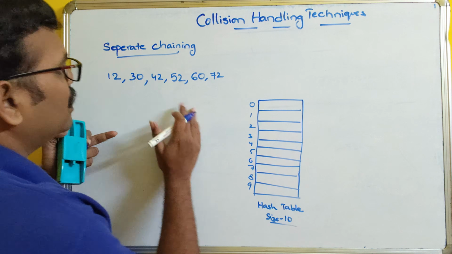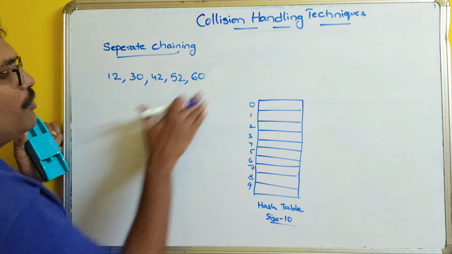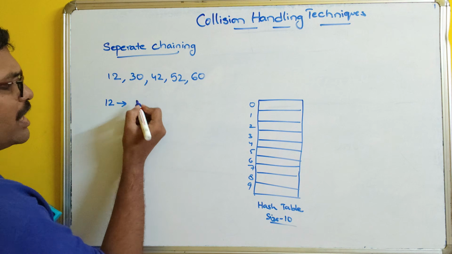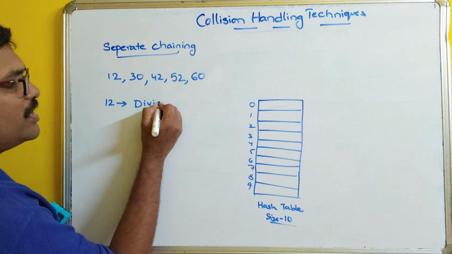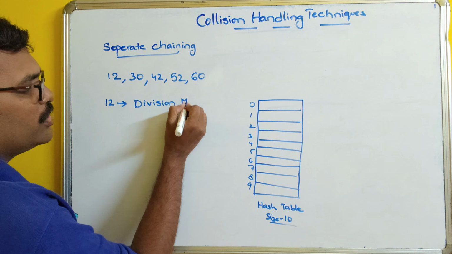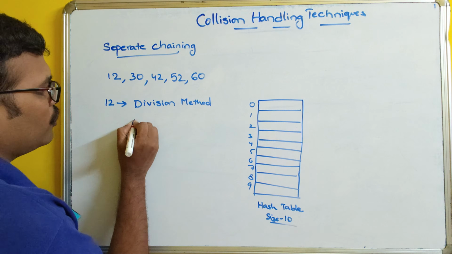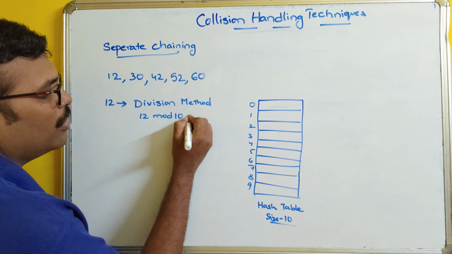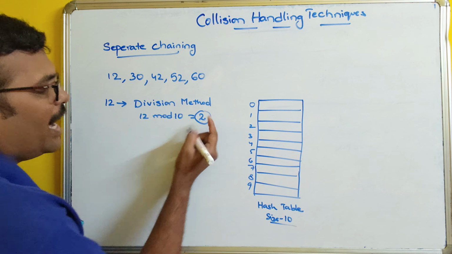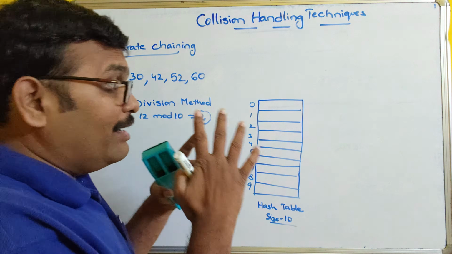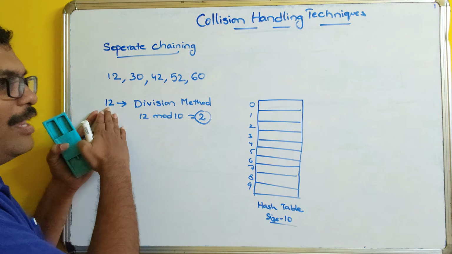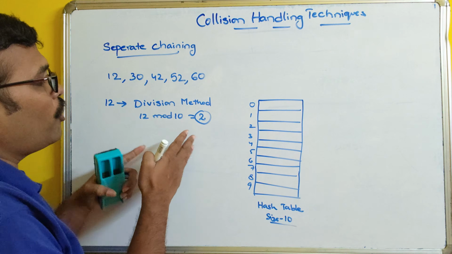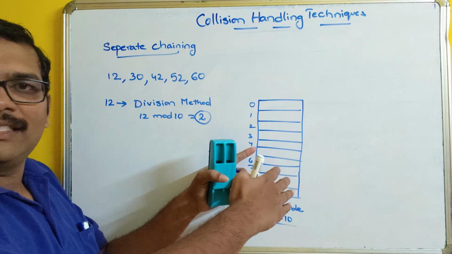So what we have to do? First, let us take only a few. So 12. Where can we store this 12? You can use the division method. By using the division method, 12 mod the size of the table 10 gives 2. So 2 is the hash code for 12. Previously we were directly storing the value in the index 2 memory, but now we will not store the value directly in the hash table.